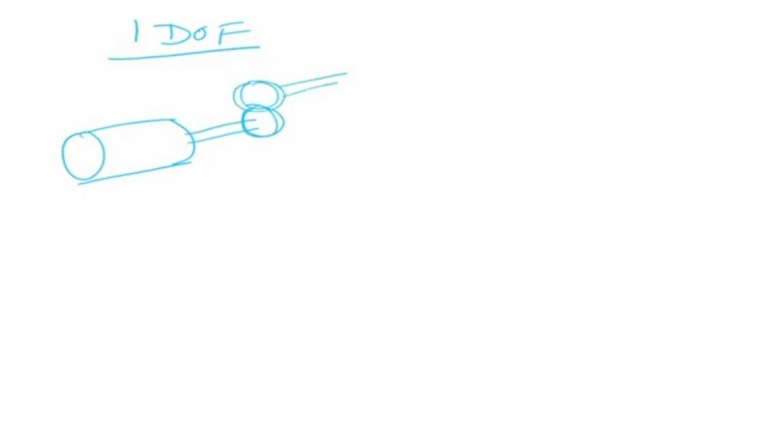So we have a single link, 1 DoF. Okay, this is a simple one. Now we have a motor which is connected to a gear, and this gear is connected to the link. Simple case, simple 1 degree of freedom system. Okay, I want to derive the dynamic equation of this system. Okay, 1 DoF.